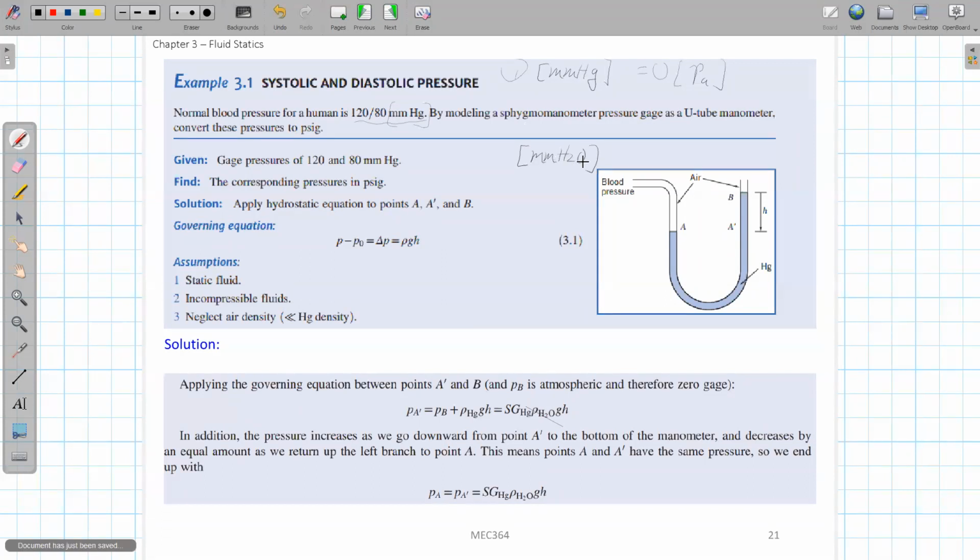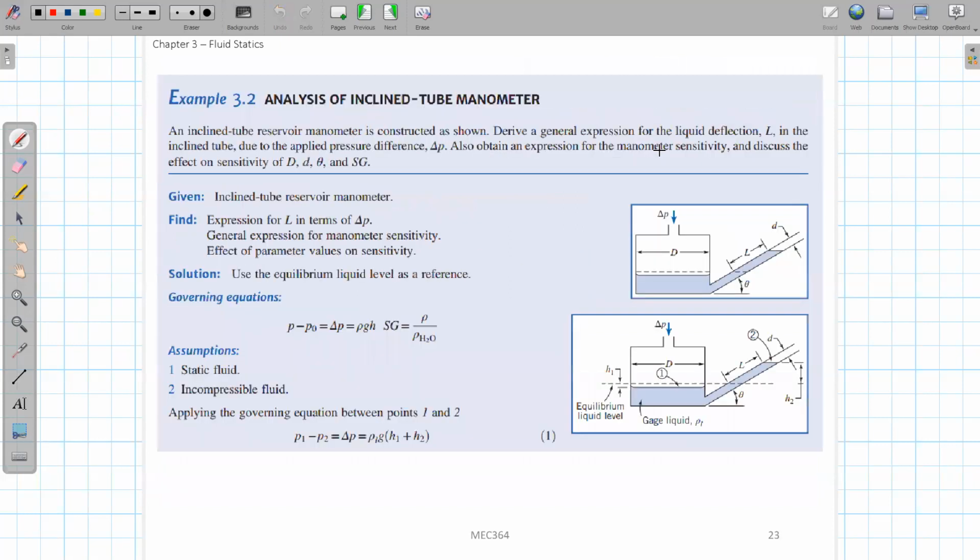Millimeter water is also a unit for pressure, and you can convert it to other pressure units using this equation: pressure equals rho of water times g times the millimeter value h you read. So this is the meaning of this example problem.